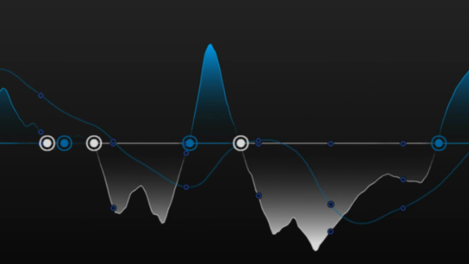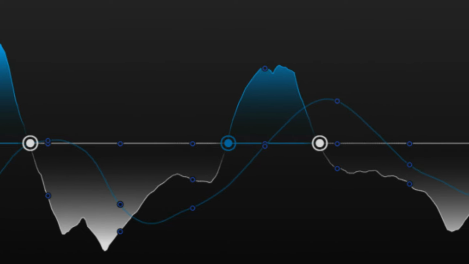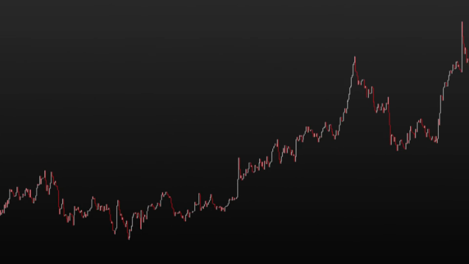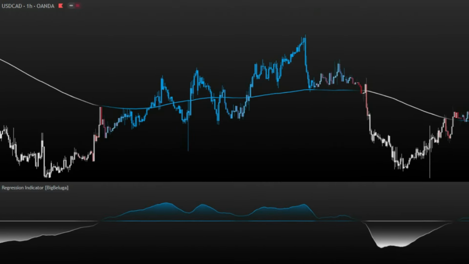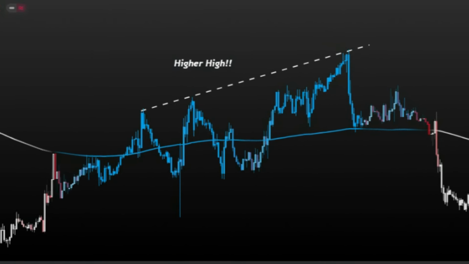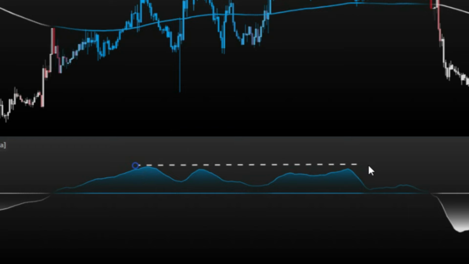Now let's actually use the attributes of this indicator to learn how to trade with it and see how useful it is when it comes to giving signals. In order to do it, we need to understand something called divergence. Take a look at this chart. The candles are blue and making higher highs, which is a clear sign of bullish momentum and an uptrend. But notice the oscillator. Instead of following along, it's making a lower high.